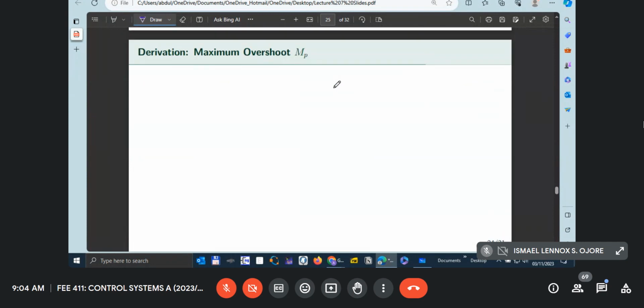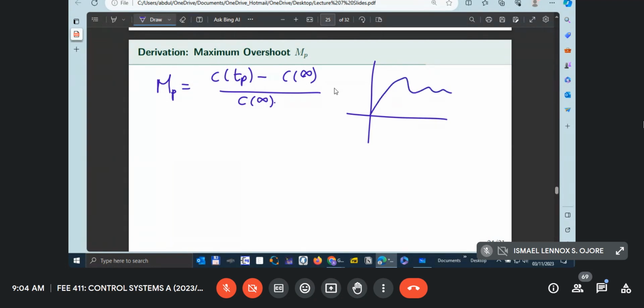We saw the formula for maximum overshoot, and from the diagram, if this is the maximum overshoot and this is our desired input, which is 1, then we can get this value from here to here as the maximum overshoot.